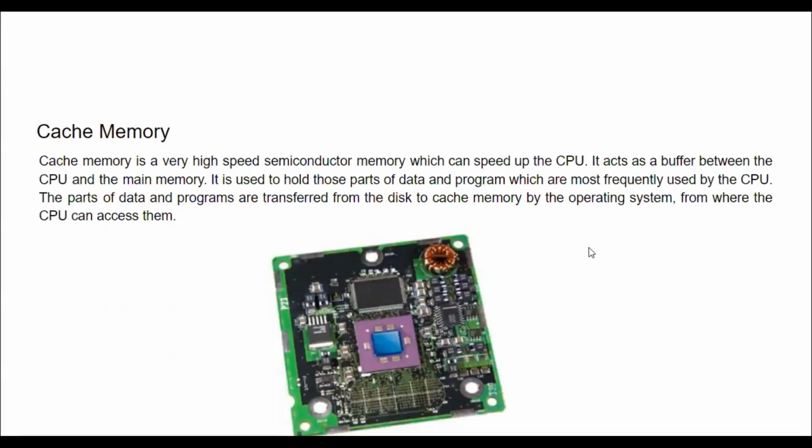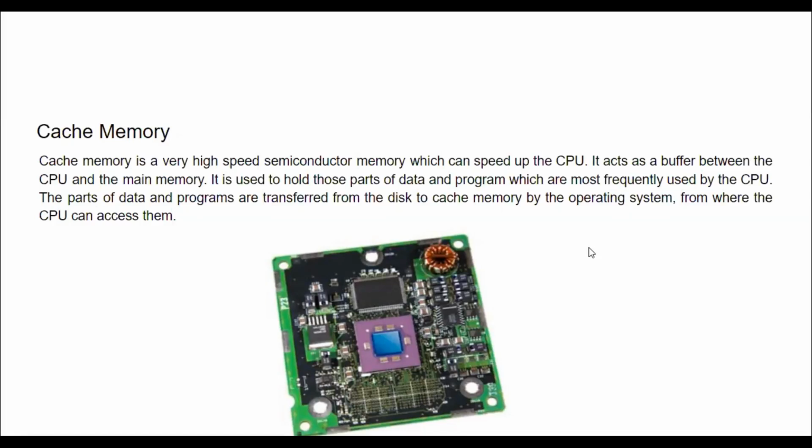Okay, so the first type is the cache memory. The figure shows an example of a cache memory. It is a very high-speed semiconductor memory which can speed up the CPU. It acts as a buffer between the CPU and the main memory.